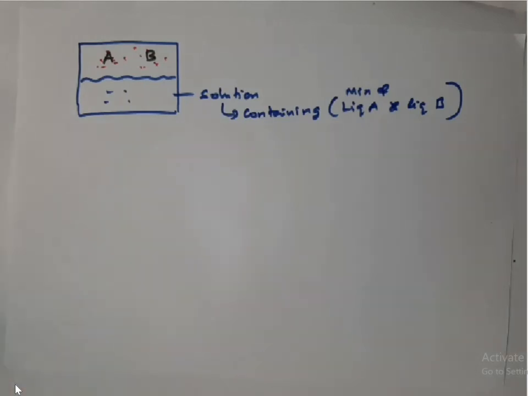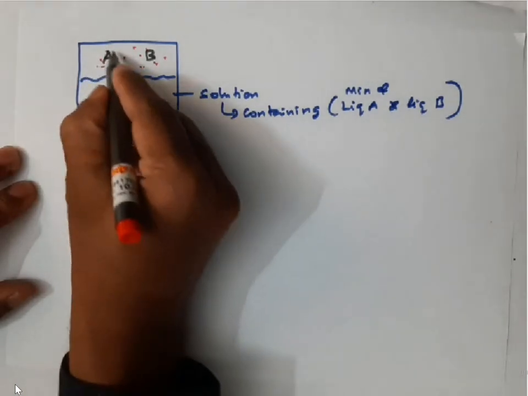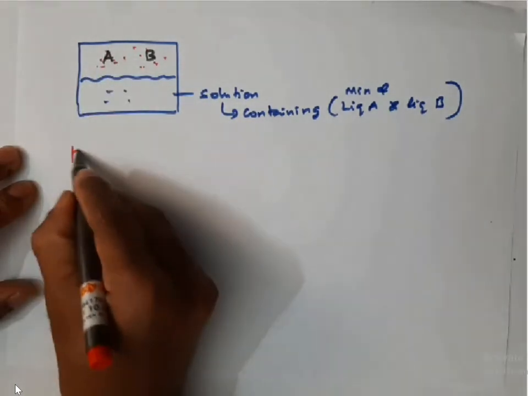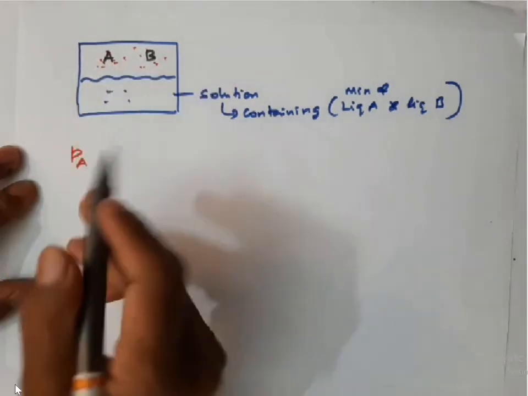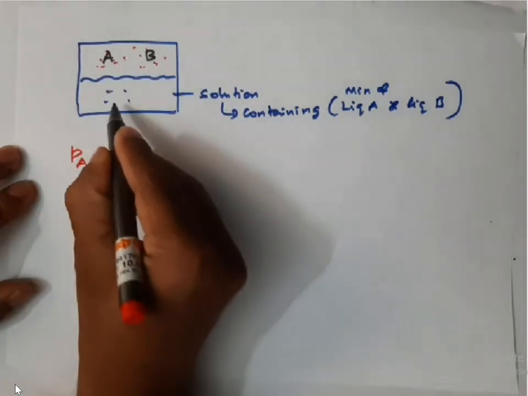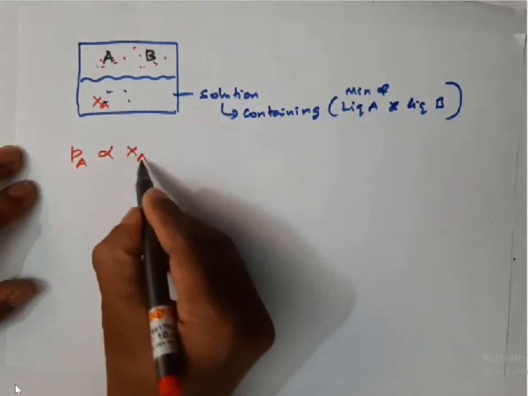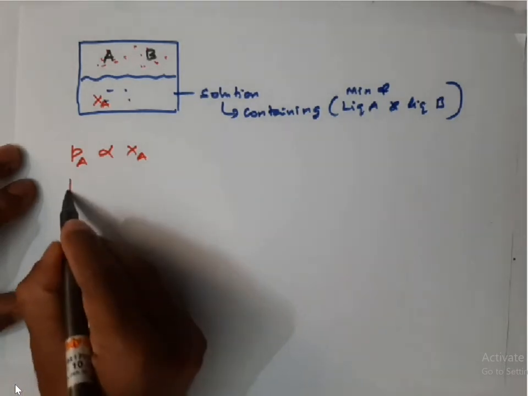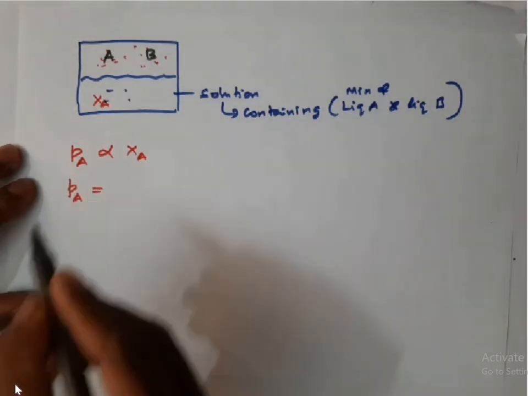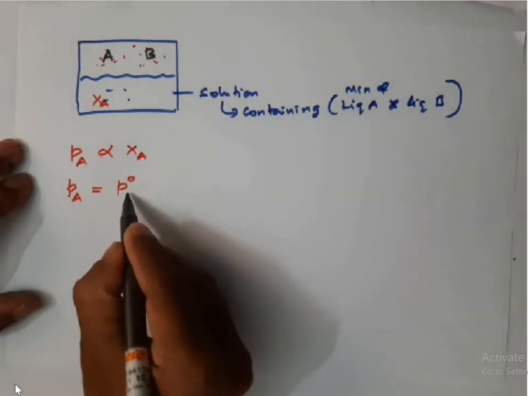According to Raoult's law, we can write the partial pressure of A in solution is directly proportional to mole fraction of A present in the liquid phase. Or if I equate this, we should introduce a constant.